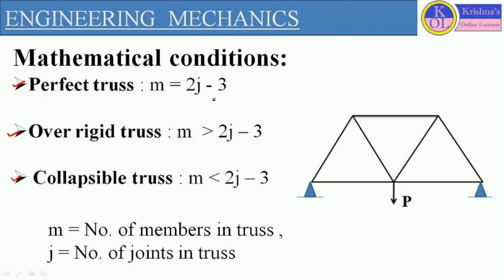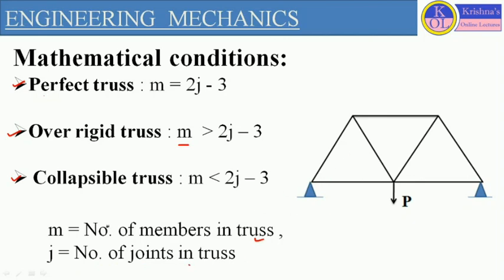A perfect truss we generally define by m equals 2j minus 3. An over rigid truss we define by m is greater than 2j minus 3, and a collapsible truss by m is less than 2j minus 3, where m represents the number of members in a frame or truss and j represents the number of joints in the truss.